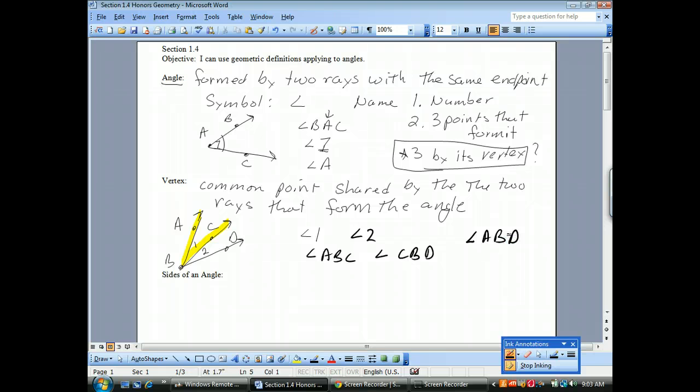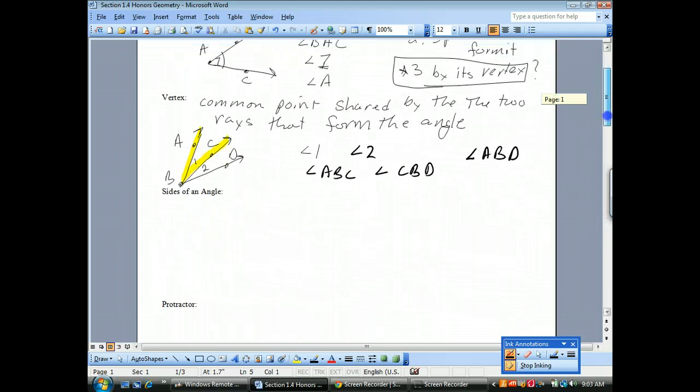So notice that in that picture there's actually 3 different angles that we could talk about. The sides of the angle are the two rays that form the angle.